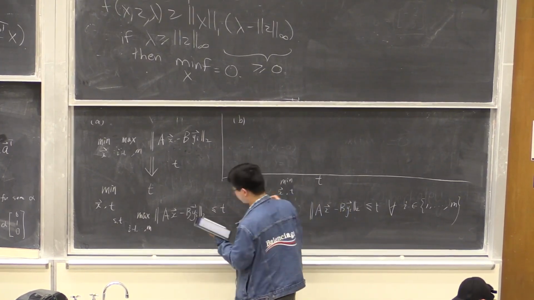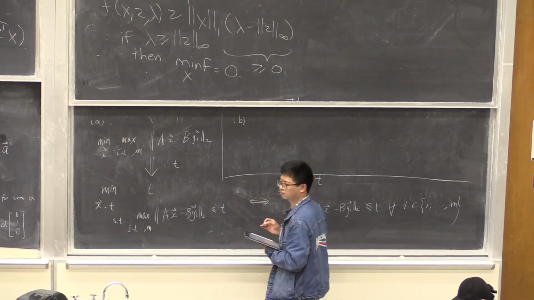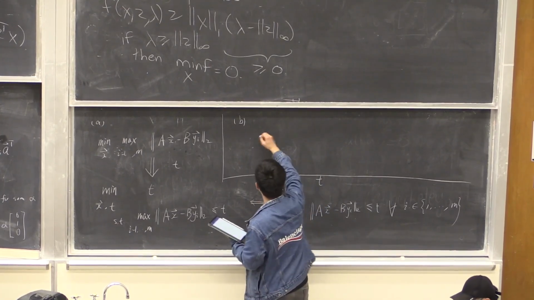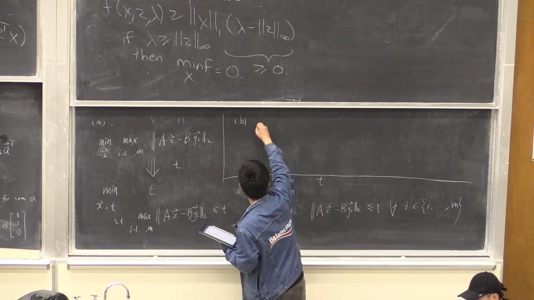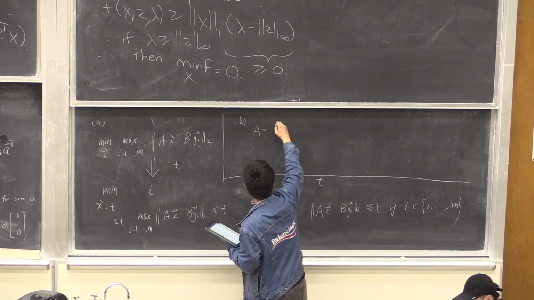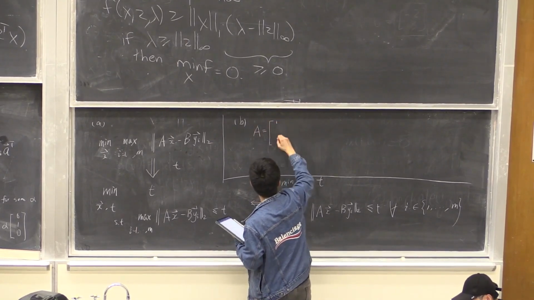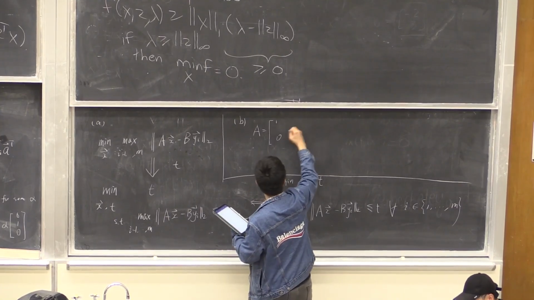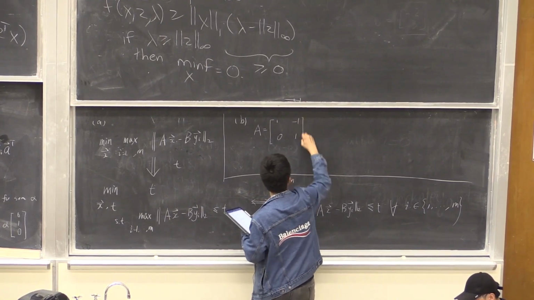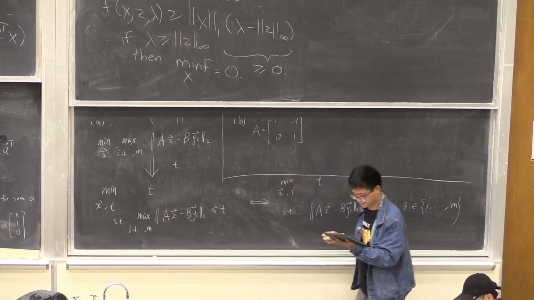It's not a positive semi-definite matrix. But we do have the format for A, right? It's 1 0 minus 1 1. That's the format for A.